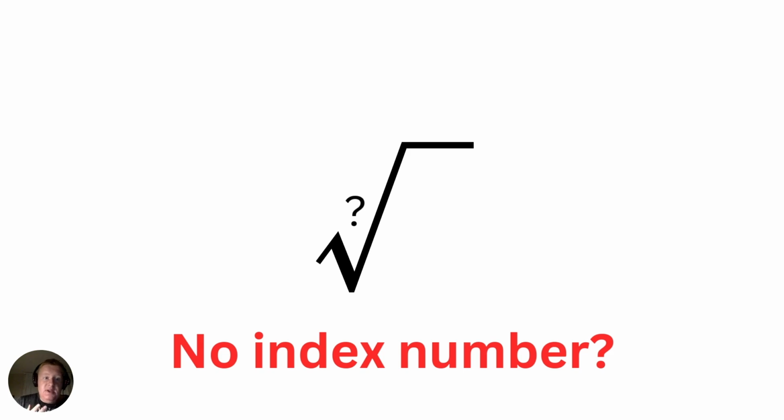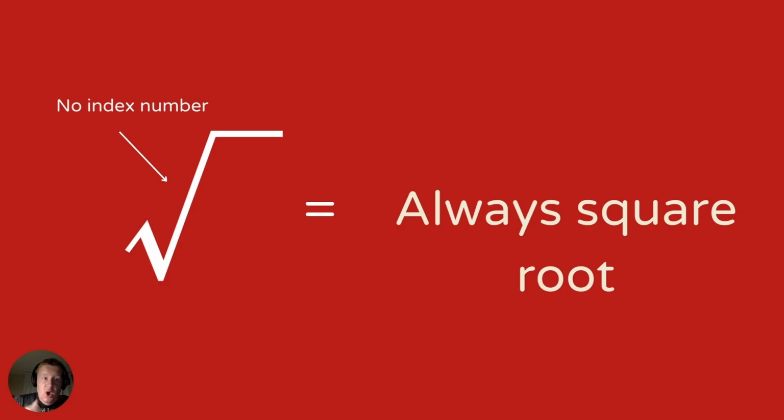But what happens if you have no index number? What could that mean? Well, no index number will always equal a square root. So remember, if you don't add any number in, it will always be a square root.